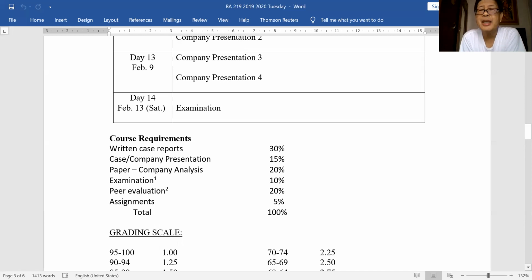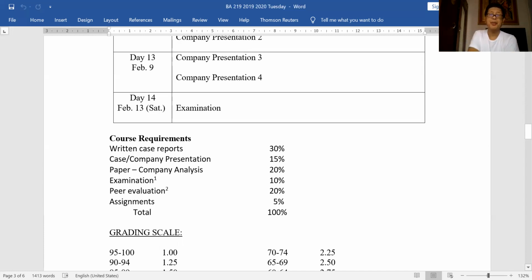The examination is actually a group exam. So that means you have to choose your group mates properly, because you will need them basically throughout the entire course. The entire course is basically based on group work, and that is why, to prevent free riders, I decided to assign weight on peer evaluation.